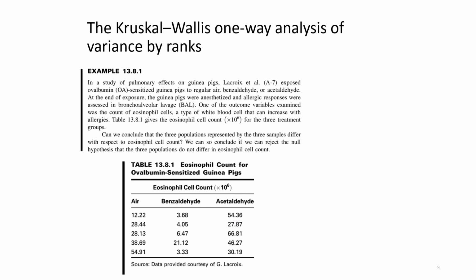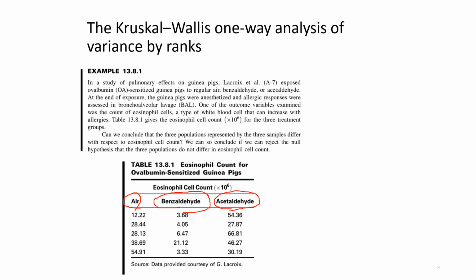Now we move to the Kruskal-Wallis one-way analysis of variance by ranks. This is like the one-way analysis of variance in parametric methods. Here we have three groups: air, benzaldehyde, and acetaldehyde. This is a case of the pulmonary effect in guinea pigs, experimental animals.